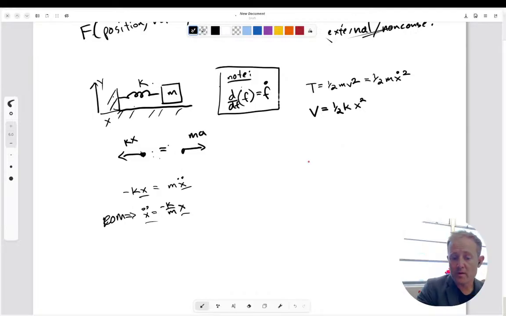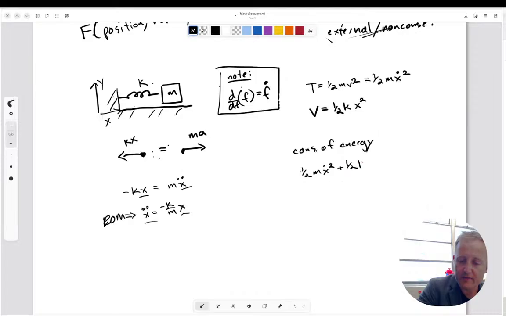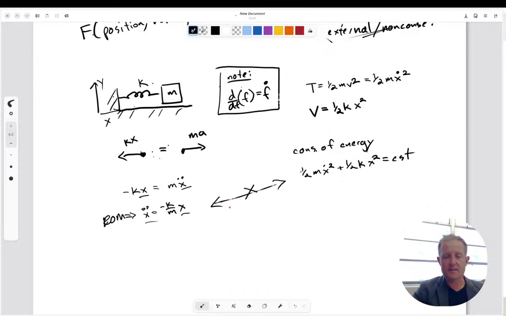One way of looking at this is conservation of energy: 1/2 m x dot squared plus 1/2 k x squared is a constant. This is not the same thing.